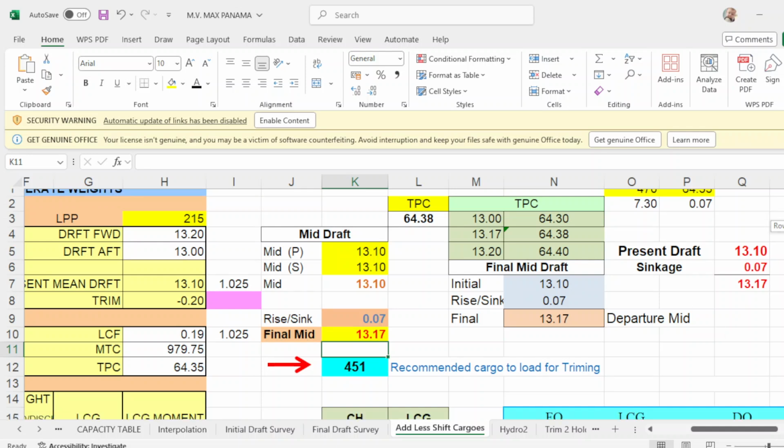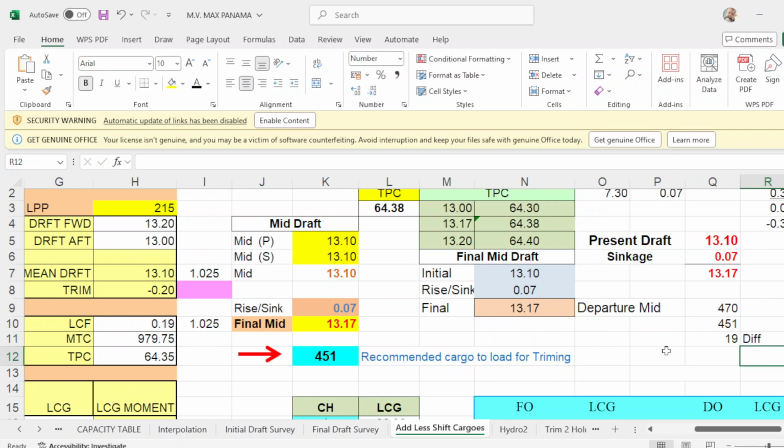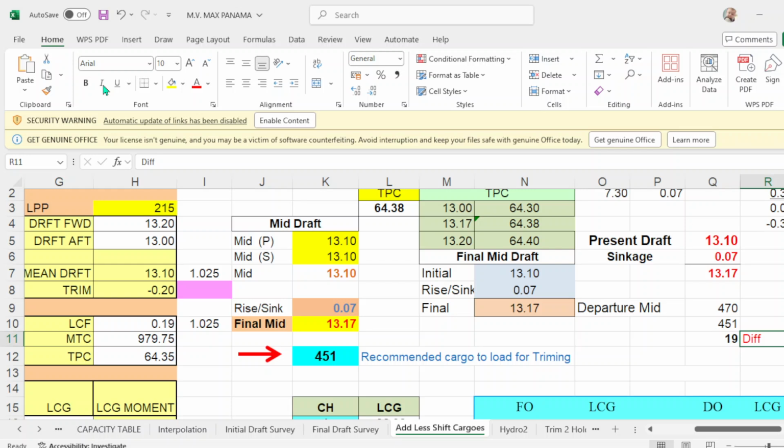How much will the difference be? 470 minus 451, so you have a difference of 19 metric tons.